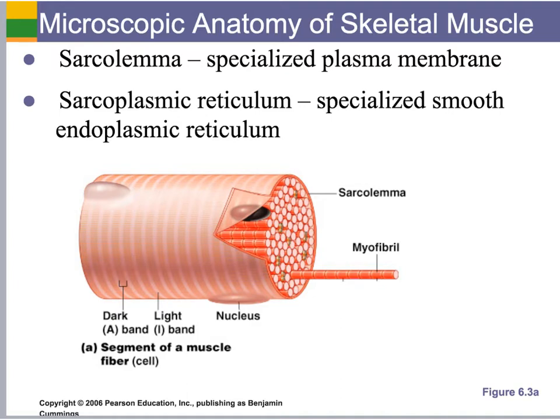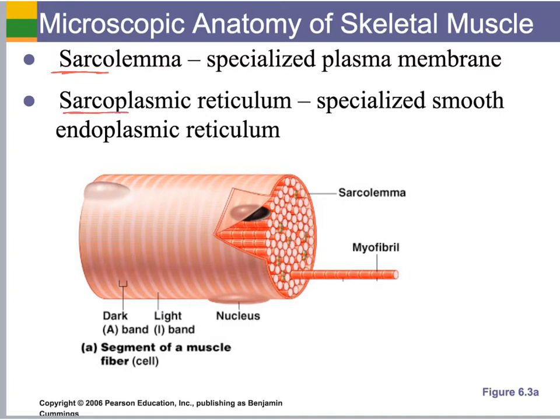So again, the sarcolemma is the plasma membrane. Your book is just kind of emphasizing that prefix. And then we also have another structure called the sarcoplasmic reticulum.